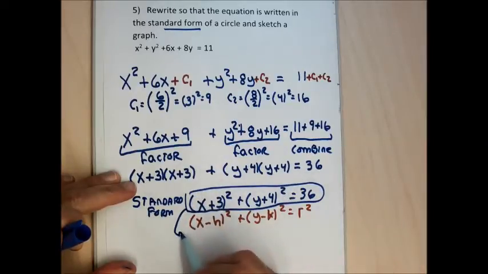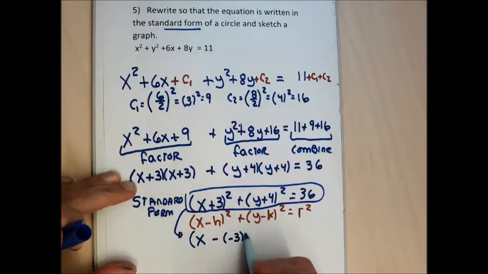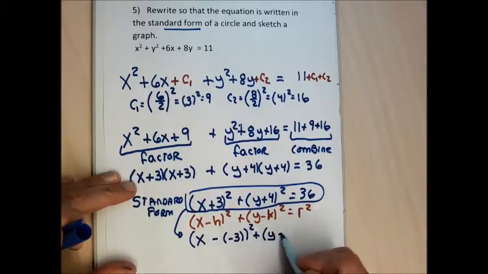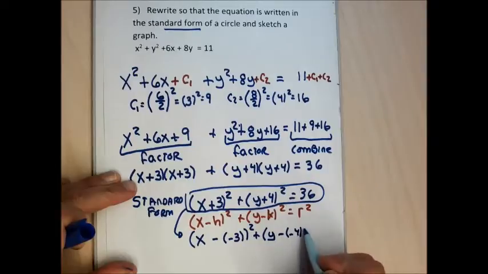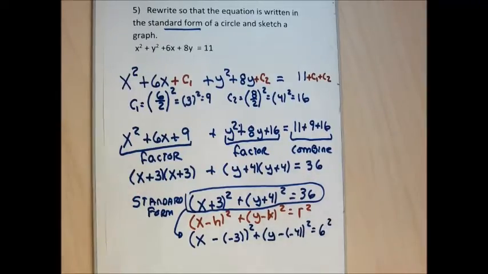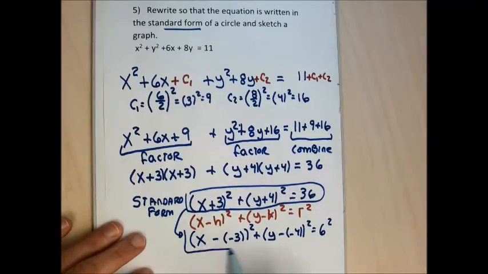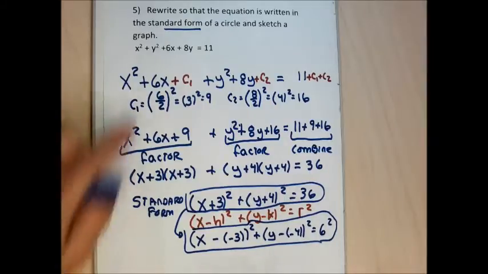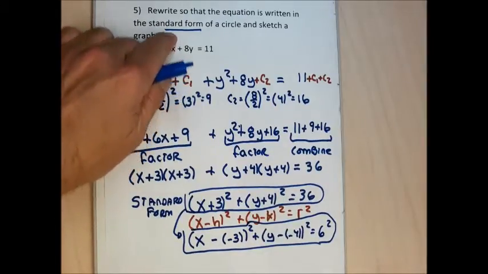The alternative way to write this is to make any pluses in the parentheses into double minuses, because double minuses are equivalent to pluses. And you can square root the number on the right-hand side and write it with a square. So these would both be correct answers for rewriting the equation so it's written in standard form.